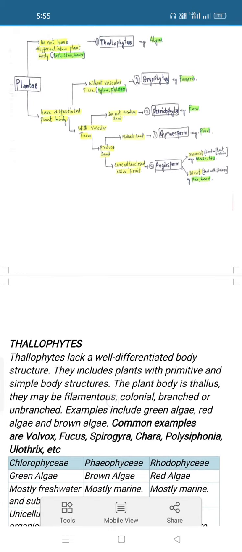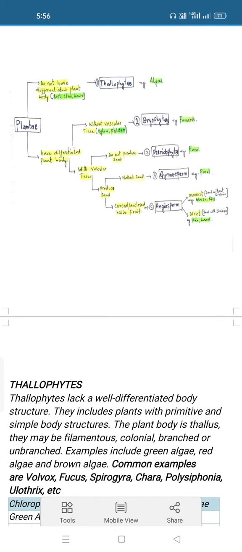Now coming to the plants which have a differentiated plant body without vascular tissue, that is xylem and phloem, they belong to the division of bryophytes. In bryophytes, the plant body has root-like, stem-like, leaf-like structures. The most common example is Funaria.